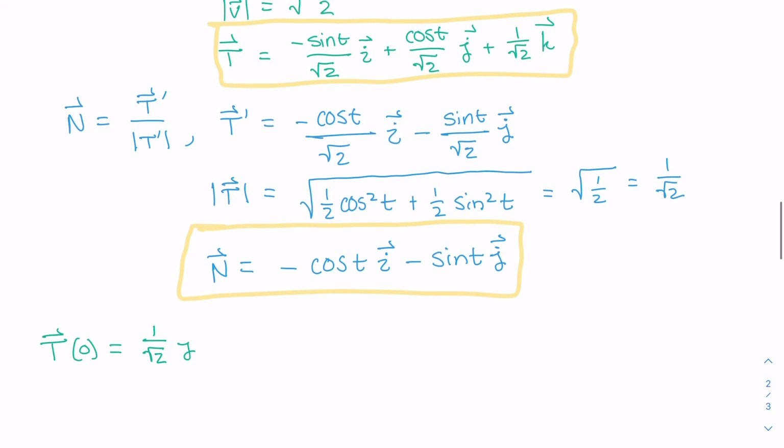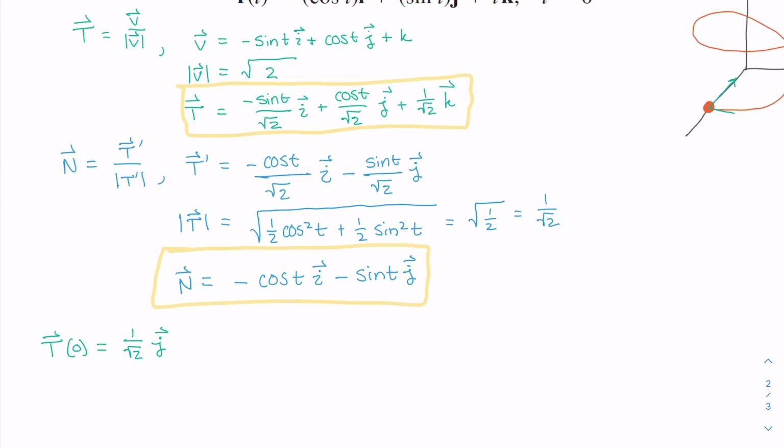The reason I'm evaluating these now is because it'll be easier to do the cross product to find the unit binormal vector if, instead of using the generic functions, you use the specific ones for the point you're looking at.